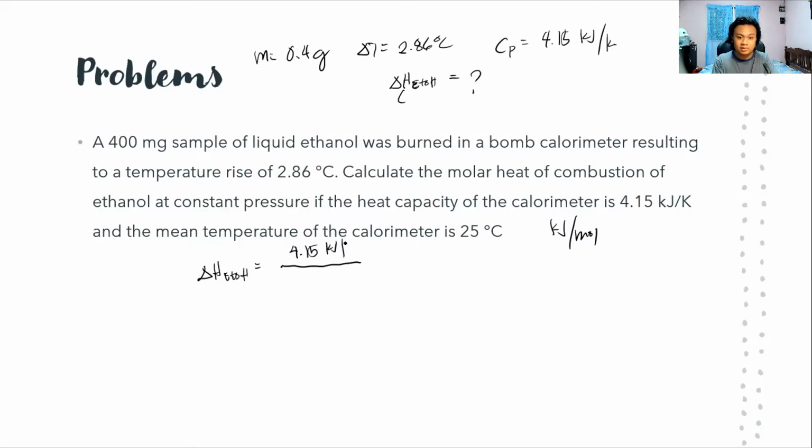So we have 4.15 kilojoules per Kelvin there, and then we have to multiply it by the temperature difference, so that's the Kelvin, the temperature difference, right? Then we have to divide it by the mass, but this will result in grams, so to get it in moles, divide it by the molar mass.